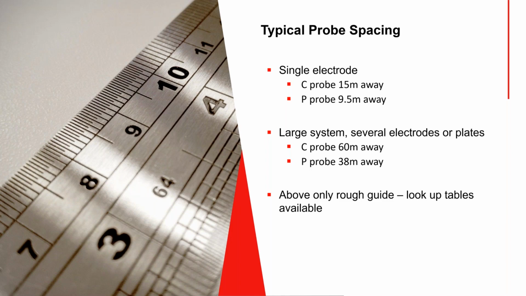Well, you'll see tables in the literature, and they tell you, based on the size of your electrode, how far out to put your current probe. There are different ones that you see in the literature. Very often you see 5 times the maximum dimension. So if your electrode was a 10-foot ground rod, you would go out 50 feet with your current probe.